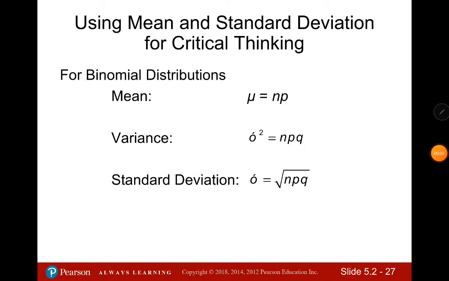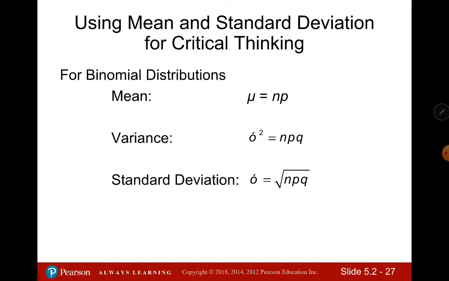So the next topic is about how we find the parameters of a binomial distribution. In the last section, we learned some formulas to find the mean value and the standard deviation when we have the probability distribution.